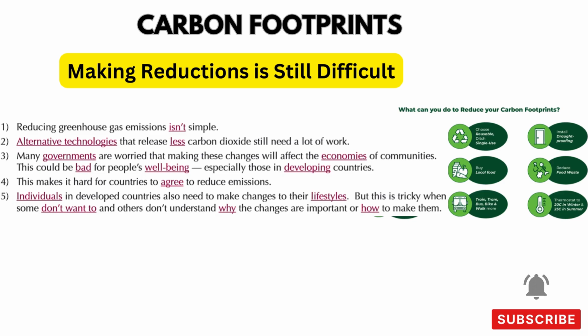Many governments are worried that making these changes will affect the economies of communities. This could be bad for people's wellbeing, especially those in developing countries. This makes it hard for countries to agree to reduce emissions.